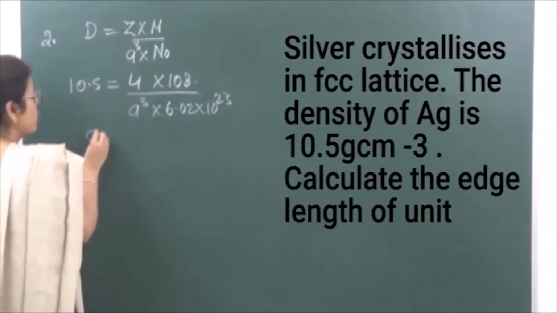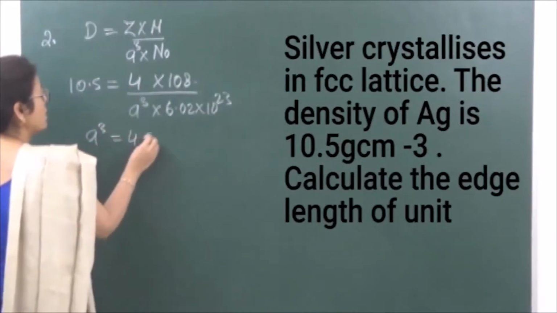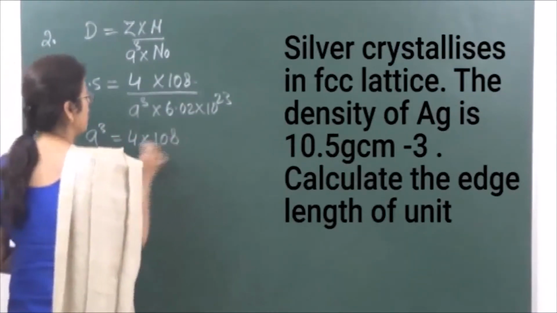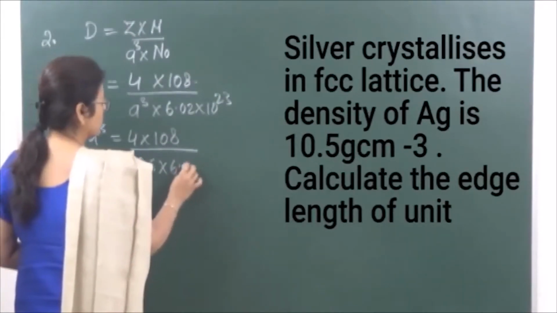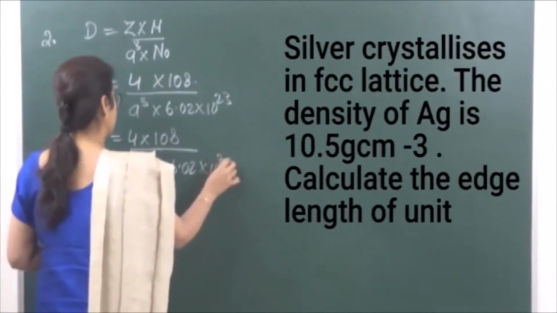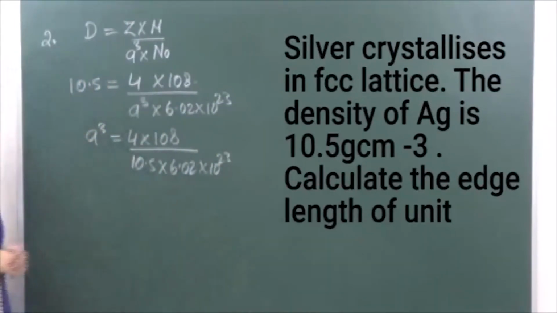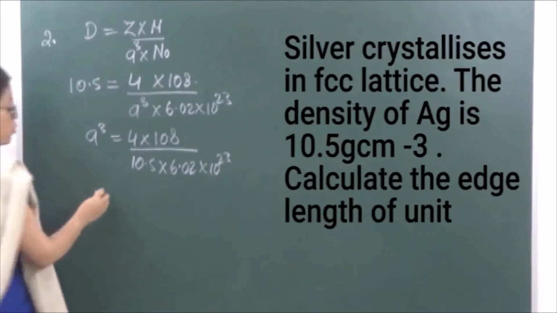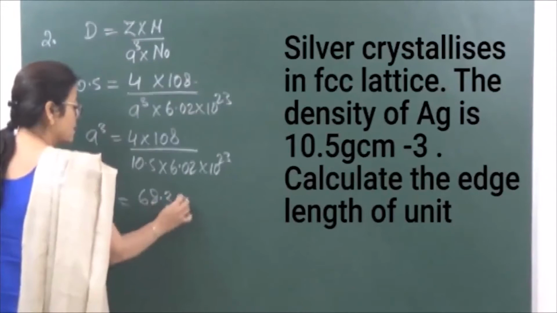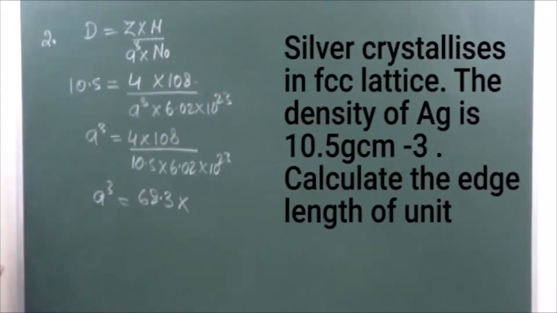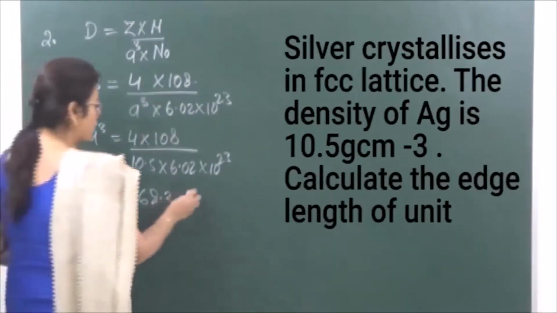So A cube will be equal to 4 into 108 upon 10.5 into 6.02 into 10 raised to power 23. A cube जब हम कैलकुलेट करते हैं तो A cube हमारा आ रहा है 68.3 into 10 raised to power minus 24.